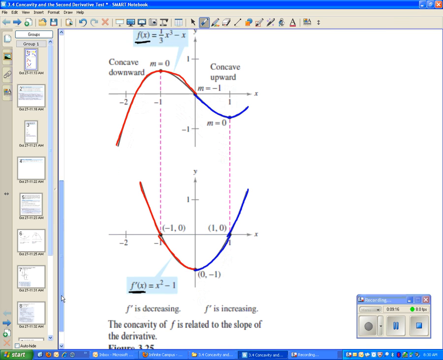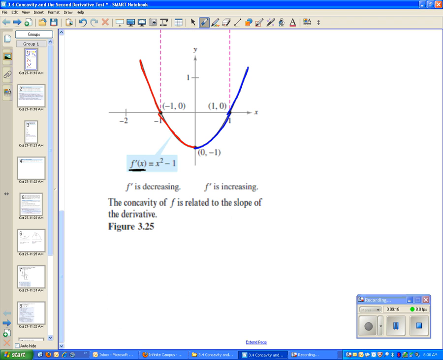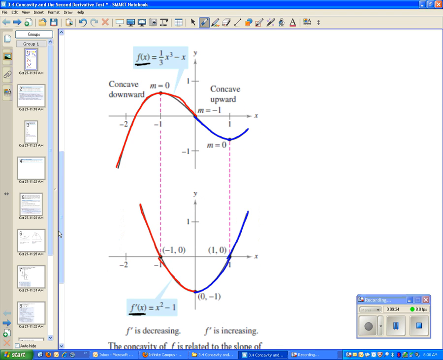All right. Now let's look at this. Where does the derivative change from decreasing to increasing? At 0, -1. Okay? Where does the concavity of F change? Well, at 0.